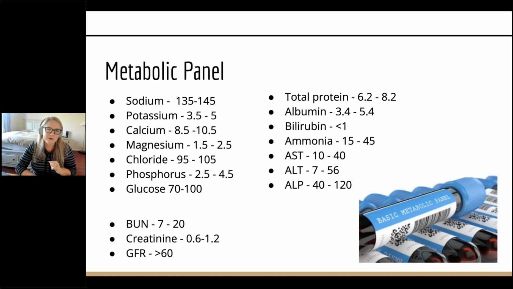You guys might remember from maybe your pediatric courses that sometimes we see this in newborns and they become jaundiced. Or sometimes you see this in patients with liver failure, because the liver isn't conjugating that bilirubin.